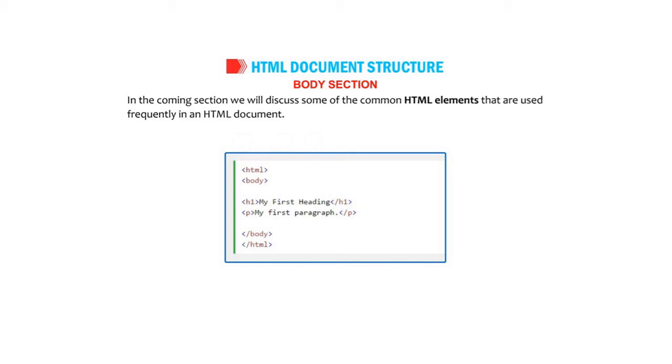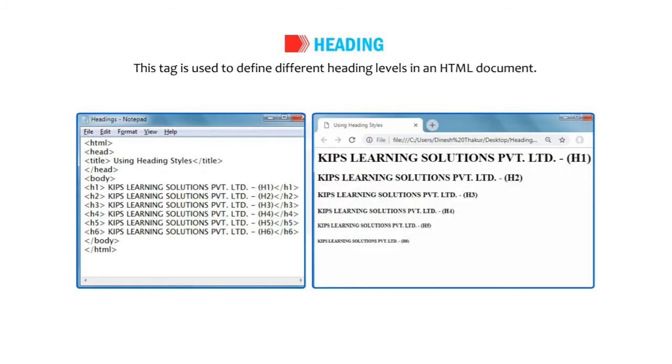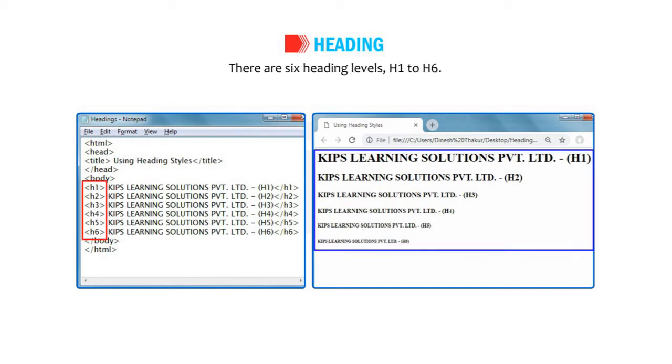Now, let's learn what is the heading tag. This tag is used to define different heading levels in an HTML document. It is basically used to emphasize the text. There are 6 heading levels, H1 to H6.